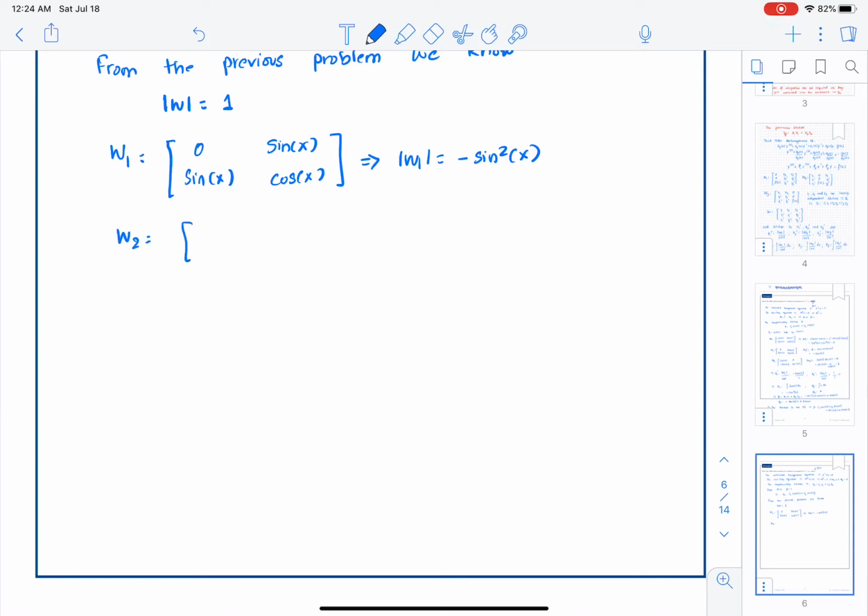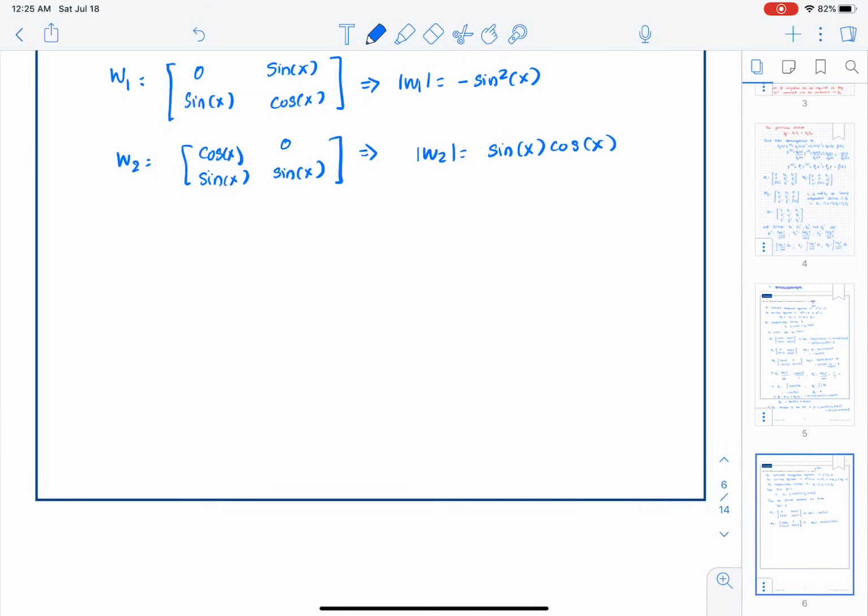W2 is 0 and sine x. And we have cosine x and sine x there, which would give us sine x cosine x.